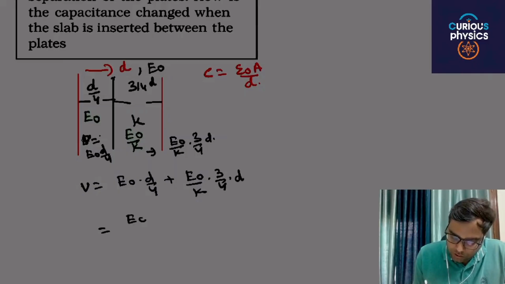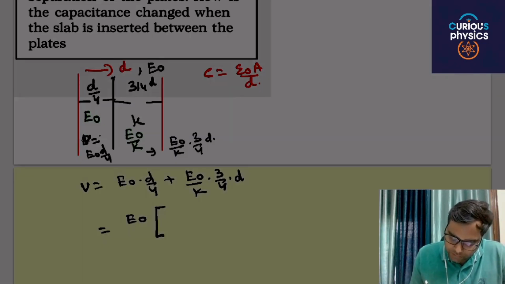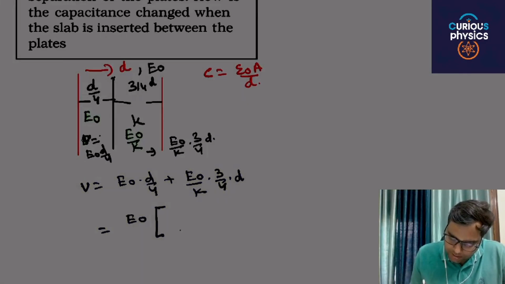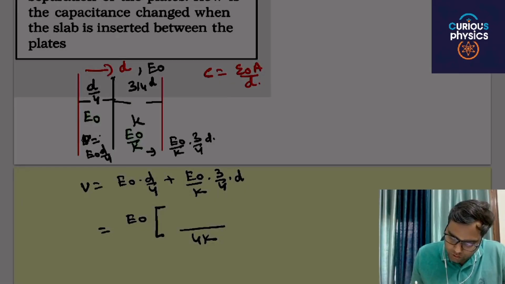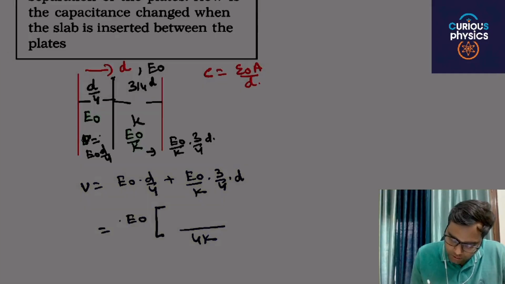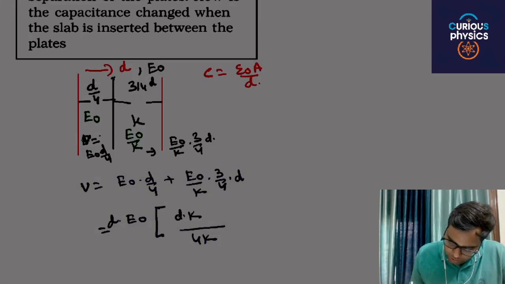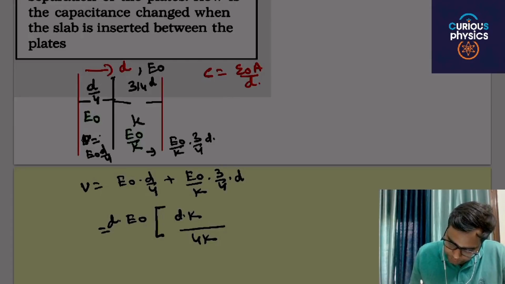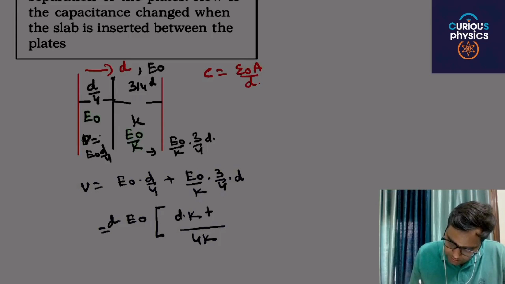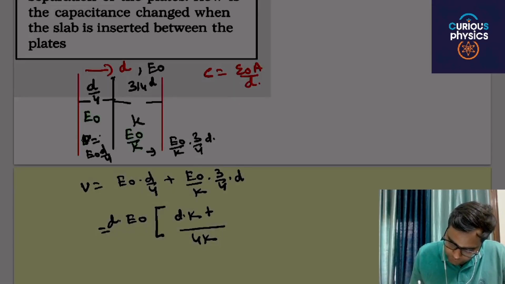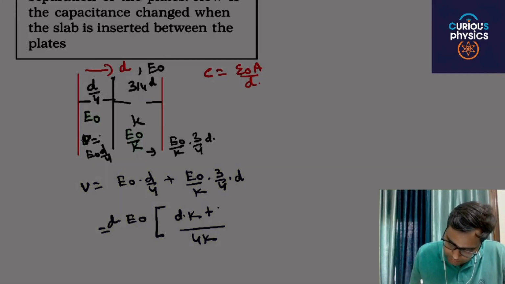So E naught is common, and D is also common, and you can take the LCM, which is 4K. Then the potential will be E naught D into (K plus 3) divided by 4K.